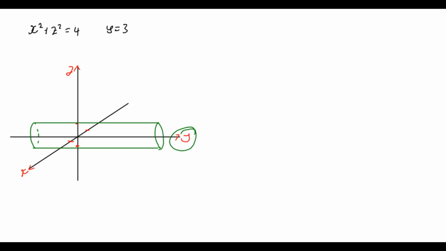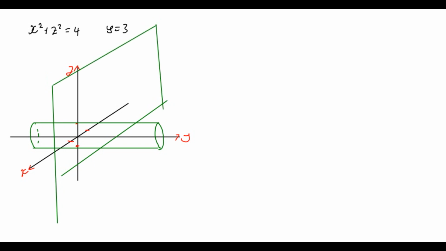That's what this means. Then you're also talking about the plane y is equal to 3, so you're supposed to cut the y-axis at 3. It would be something like that. And remember this is a plane, it's not just a single line.